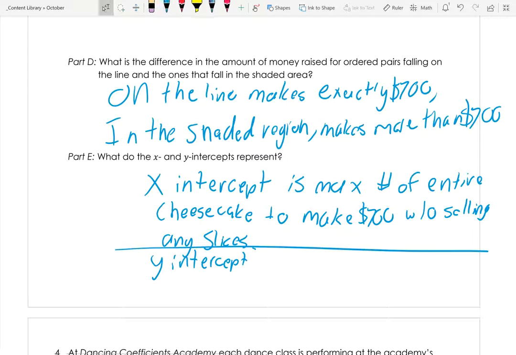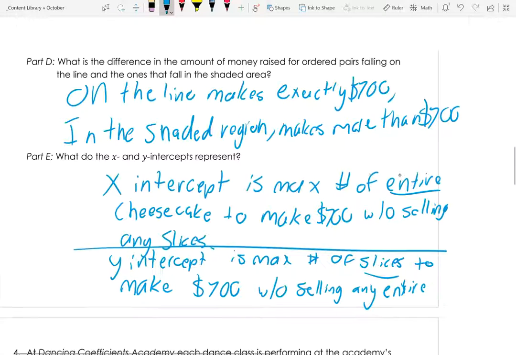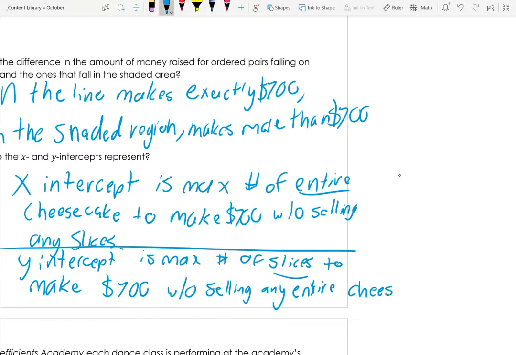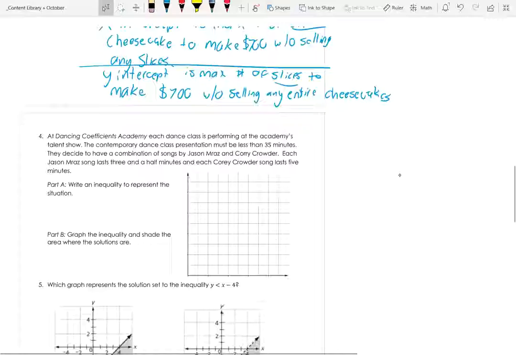So the y-intercept is the max number of slices, not entire cheesecakes, but slices, to make $700 without selling any entire cheesecakes. Oh, doing so well. Got sloppy there at the end, but it doesn't matter.